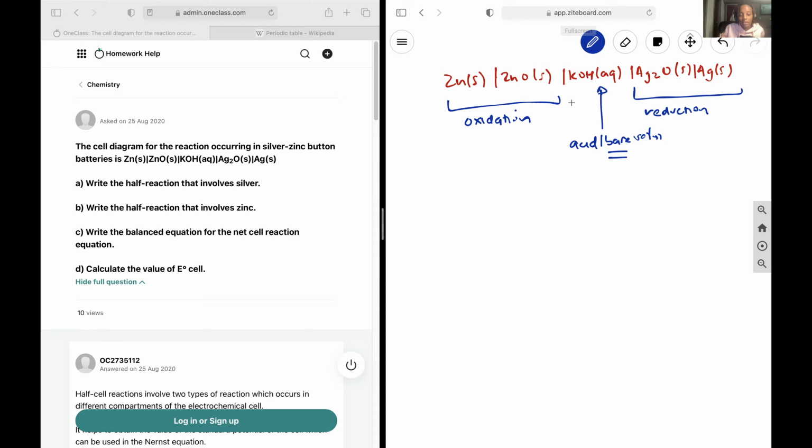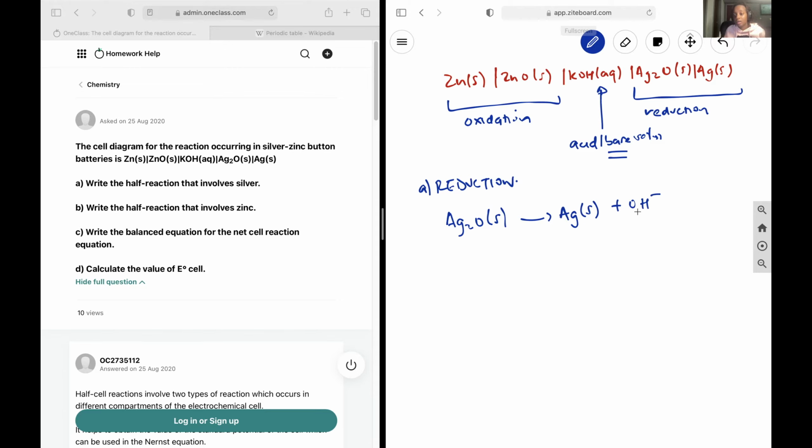So for the half reaction that involves silver, that's going to be reduction. And so we have Ag2O solid going to Ag solid. We can start out by balancing our oxygens. And so if you'd like to balance our oxygens, we know that we're balancing them with hydroxide ions, so plus OH minus.